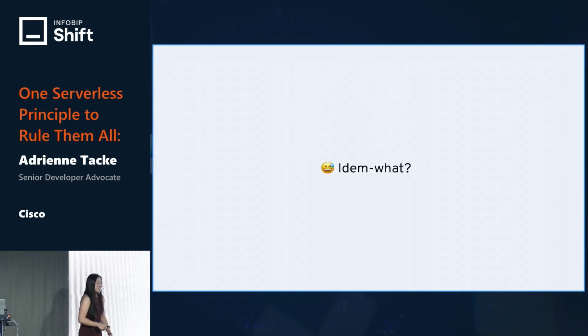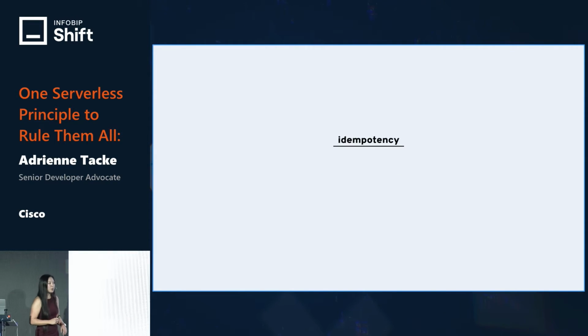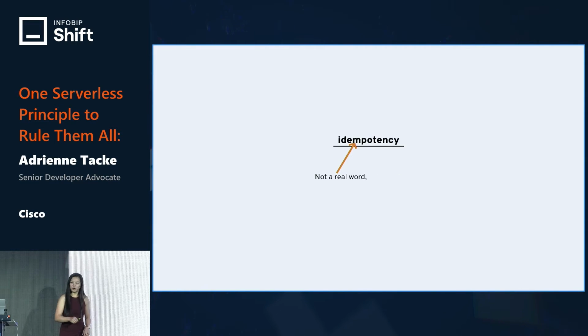Okay, that's fine. So idempotency is this magical word, but the really funny thing is idempotency is not a real word, at least not according to Merriam-Webster's dictionary. In fact, if you take a look in the dictionary and research it exactly the way that it's spelled, it doesn't exist.